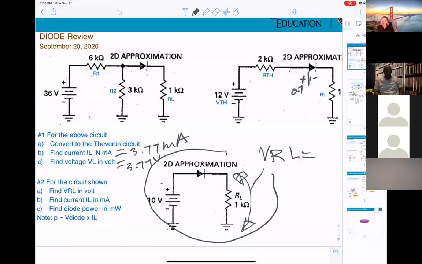Next, find diode power. This is new for you guys. I gave you the formula to calculate the power for a diode.